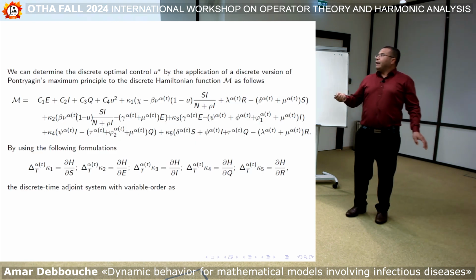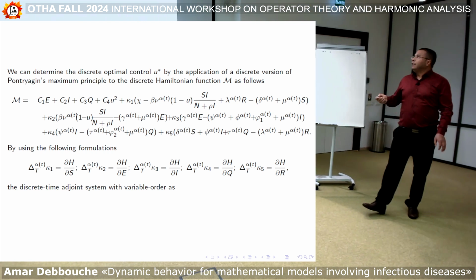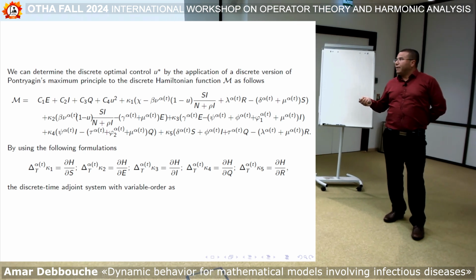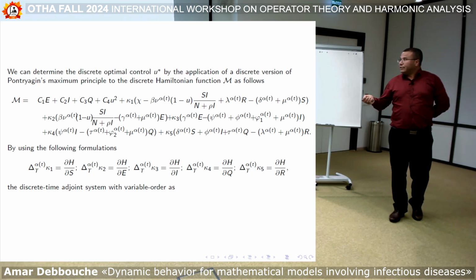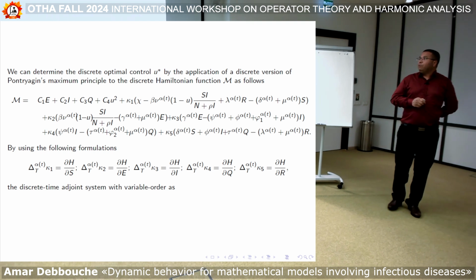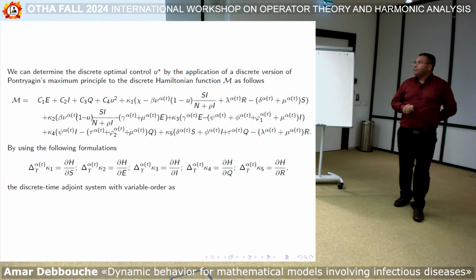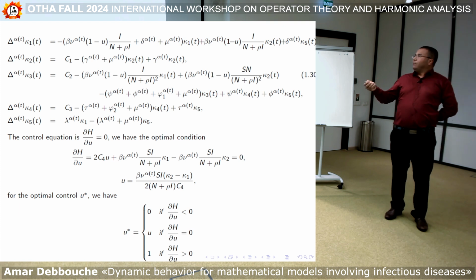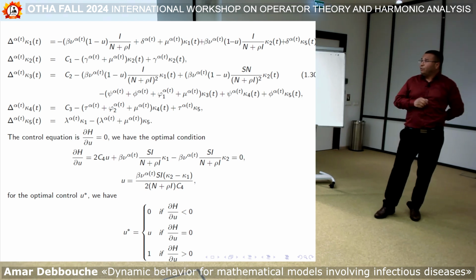So here we can determine the discrete optimal control U star as follows. We apply the discrete version of the Pontryagin maximum principle to the discrete Hamiltonian function capital M, which is given with this form, and we use the following formulations from control theory. After that, we can arrive at the new system in terms of K1 to K5 as you see.